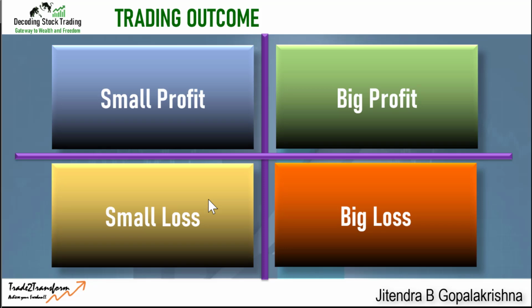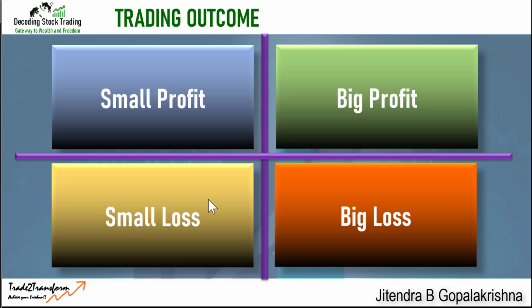A big loss should never occur. It should only be a small loss, and that should be the end of it. Have you made any blunder where the loss has gone to a great extent? These are the things you should be completely aware of. Once you make a trading plan, you will understand all of these things, and once you do some paper trading or forward trading, all of this will come into play.